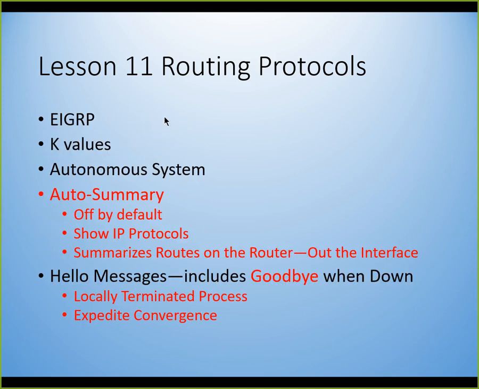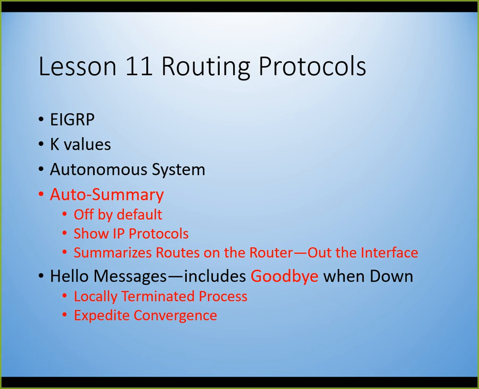When we go to EIGRP, we talked about EIGRP, the Cisco proprietary protocol that I understand has been made available, but nobody is using it. EIGRP, Enhanced Interior Gateway Routing Protocol, is an updated version of the old IGRP.